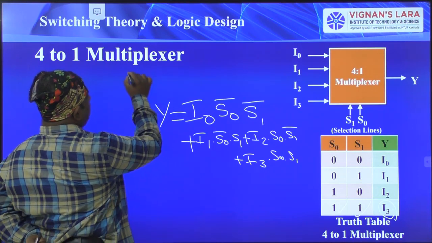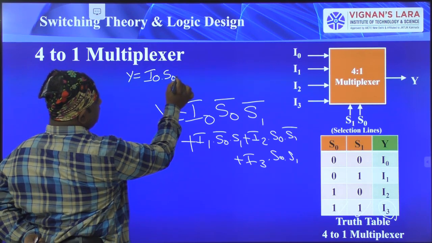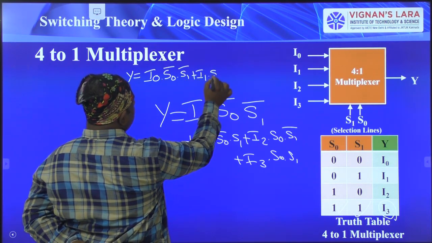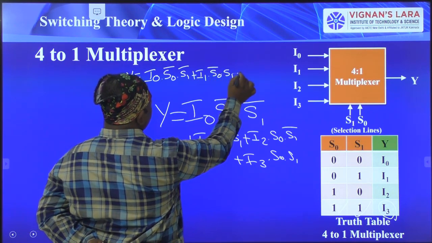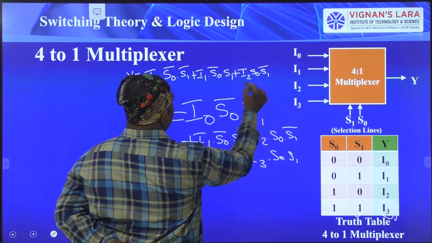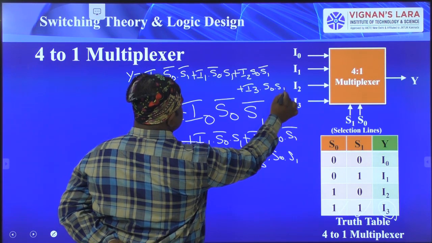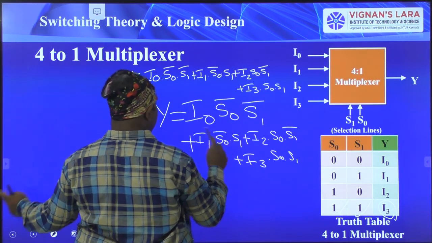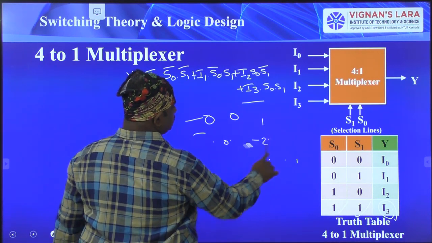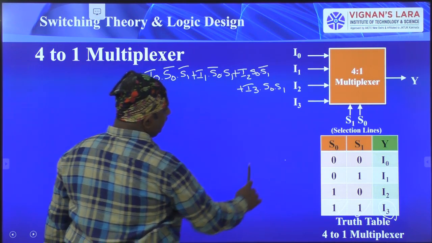I am writing it again here: y is equal to I0 into S0 bar into S1 bar plus I1 into S0 bar into S1 plus I2 into S0 into S1 bar plus I3 into S0 into S1. So this is the finalized output function for a multiplexer.